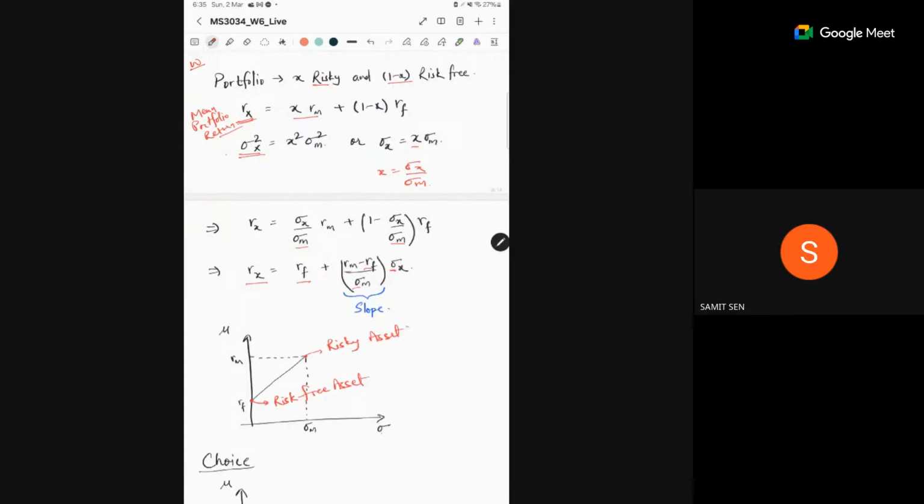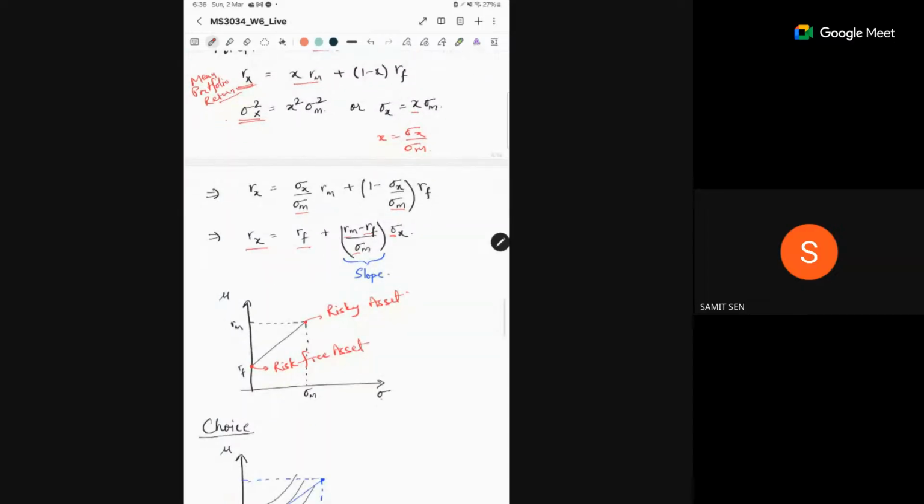And we got this straight line, and this is the budget constraint for the asset case. If you are investing in risky and risk-free assets, then this is your budget constraint.